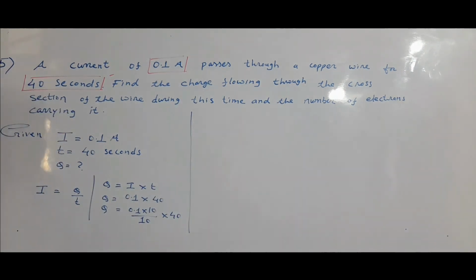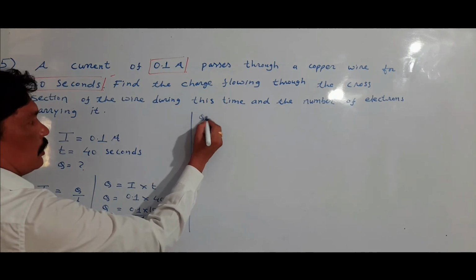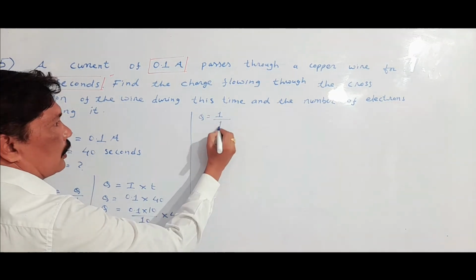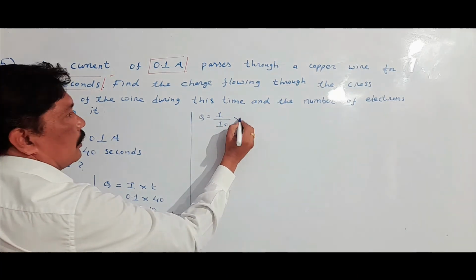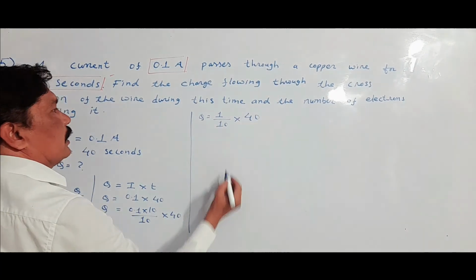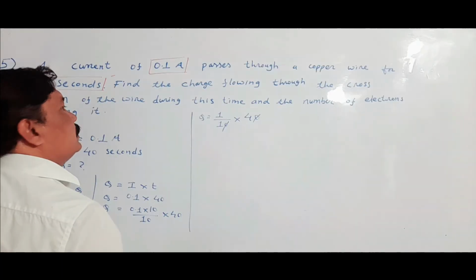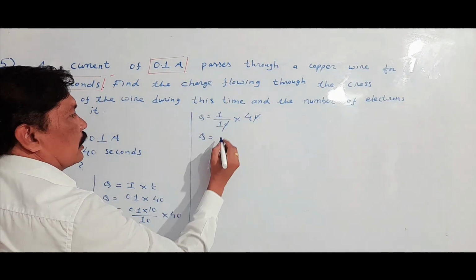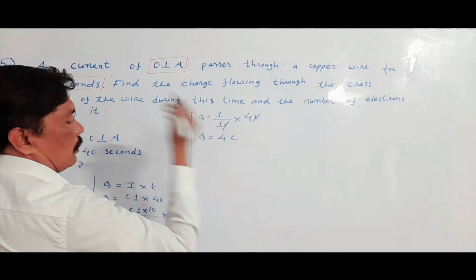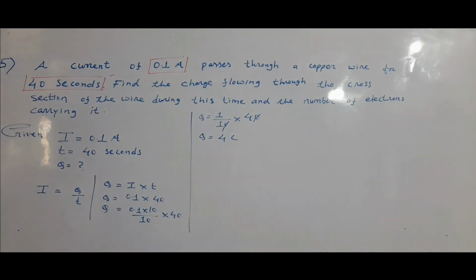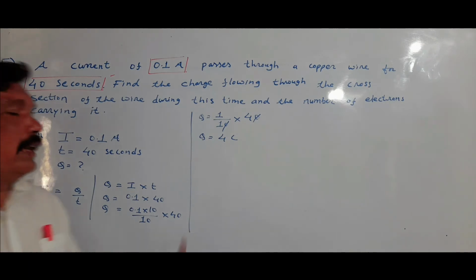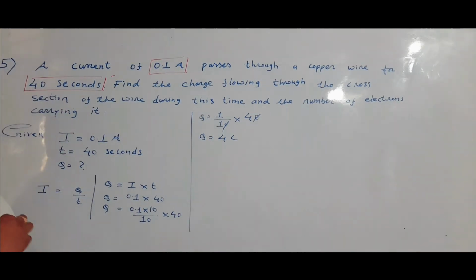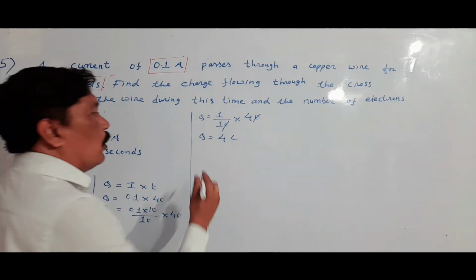Point is removed. Q is equal to 1 upon 10 into 40. 0, 0 cut. Q is equal to 1 into 4 is 4 coulomb. Now my dear student, we have found out the charge and the answer is charge is equal to 4 coulomb.